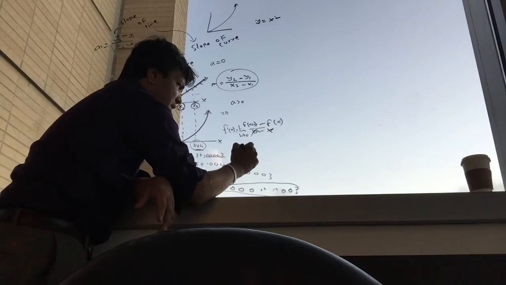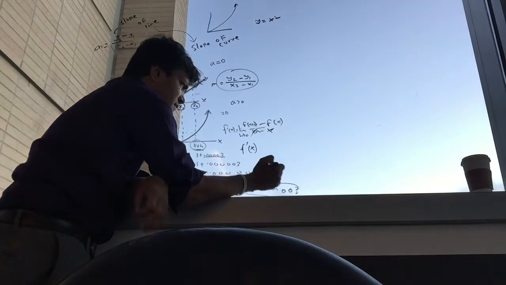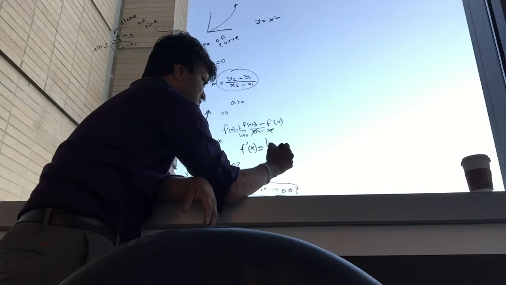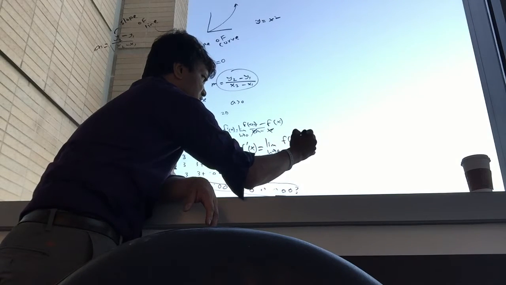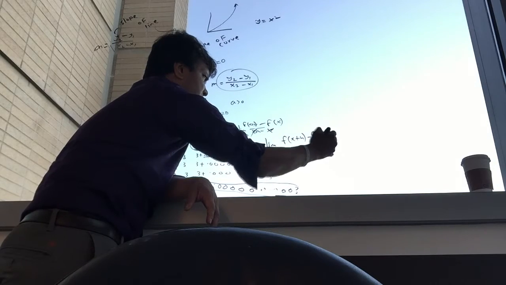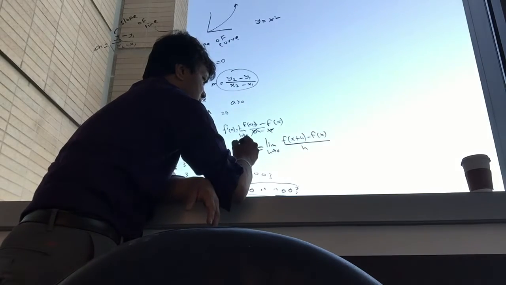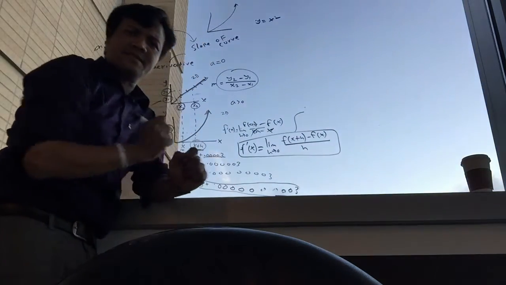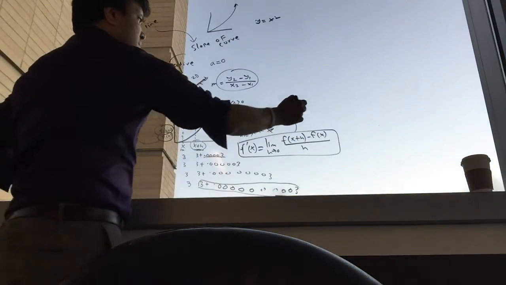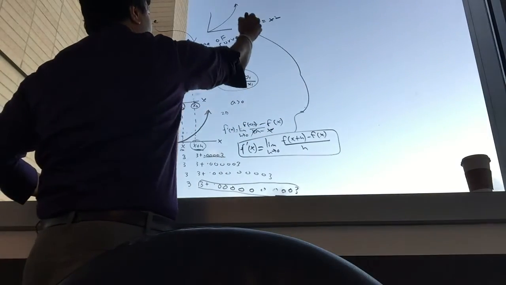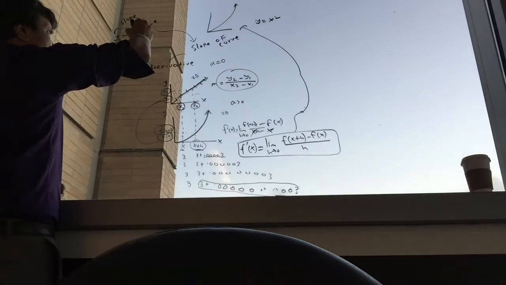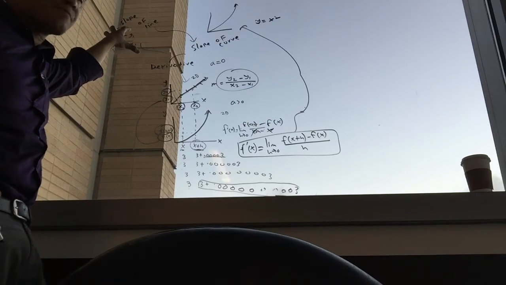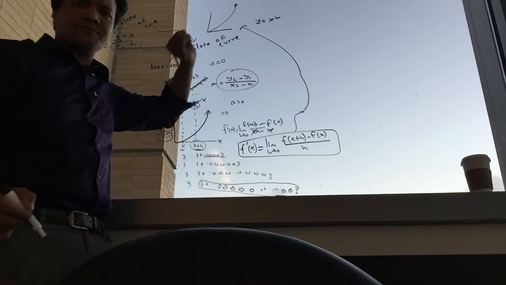The x's cancel, so the definition of derivative is f prime of x equals the limit as h goes to 0 of (f of x plus h minus f of x) over h. This is the slope of the curve, and this is the slope of the line. So the slope of the line and the slope of the curve.